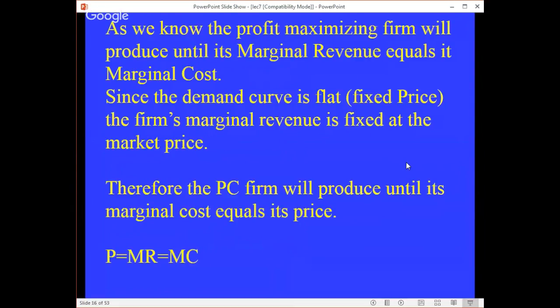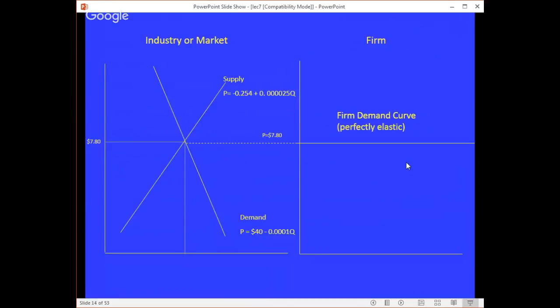As we learned last time, a profit maximizing firm will always set marginal revenue equal to marginal cost. Since the demand curve is flat, you have fixed prices, so the firm's marginal revenue is fixed at the market price. That's just a fact, given that the firm has a perfectly elastic demand curve.